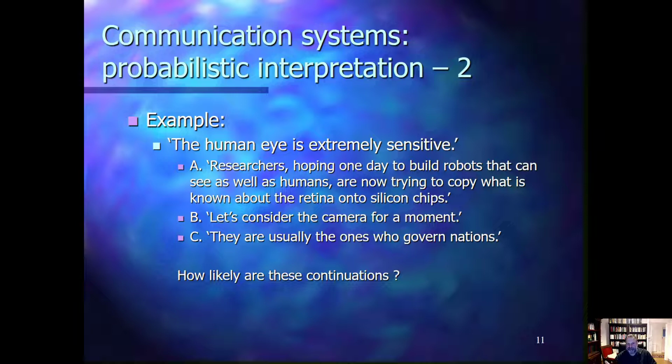And option A, this is clear about building something based on the retina, something based on the human eye in the context of robotics. So actually that looks quite likely as a possible continuation for the first sentence.